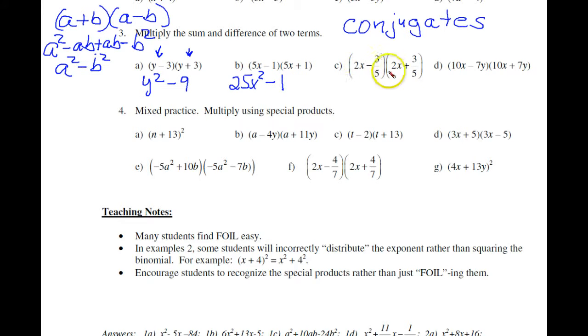It's just the first, 4x squared, and the last, 9/25. Just the first, 100x squared, and the last, minus 49y squared. And what are these called?